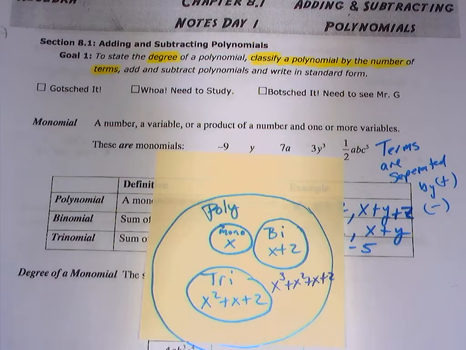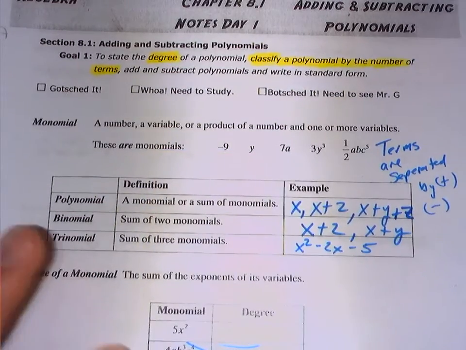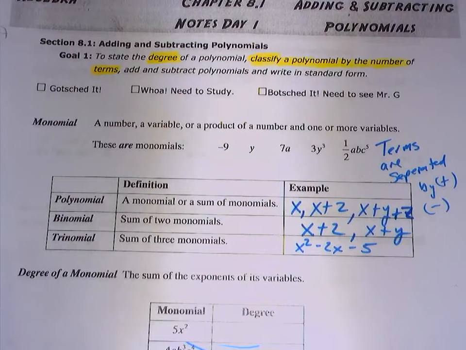Mono, bi, tri, and after that, it's just a polynomial. There's no special name for it. Any questions, guys, about the idea of the polynomial family? You've got monomials, binomials, trinomials, and then after that, it's just regular old polynomials.